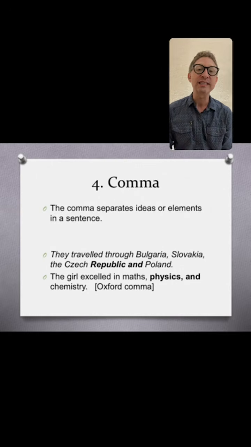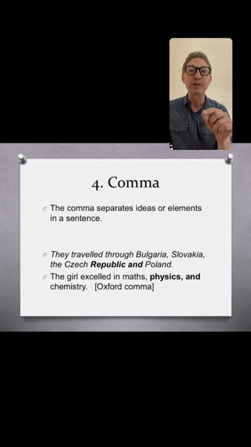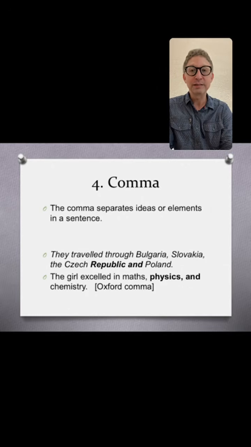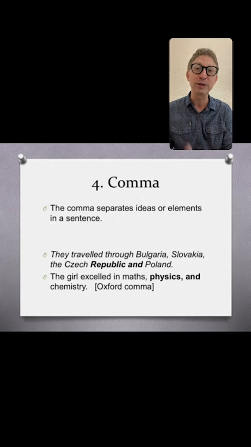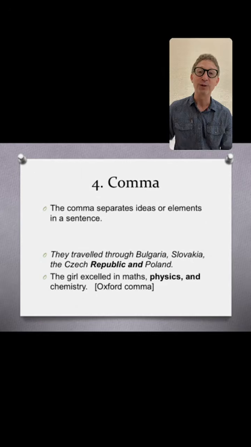Now, I want you to take a look at this second example because we insert a second comma after physics. This is called an Oxford comma. The girl excelled in maths, comma, physics, comma, and chemistry. Now, the reason this is called an Oxford comma is, well, it's not entirely clear because Oxford commas are ironically popular in the US, not in Oxford or in England as much, although they are used in some cases.